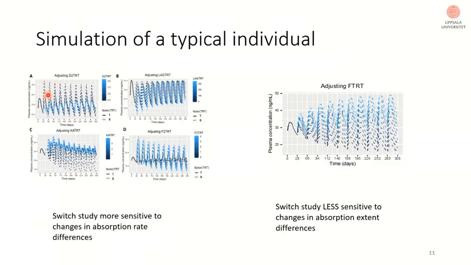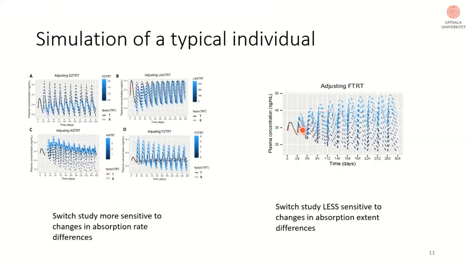What you can see is that, in fact, the first PK profile after switching to the new compound that may have a difference in these absorption rate parameters, you can actually see that you have more difference between the PK and the reference product. So the switch study, looking at this profile, is actually more sensitive to changes in absorption rate.